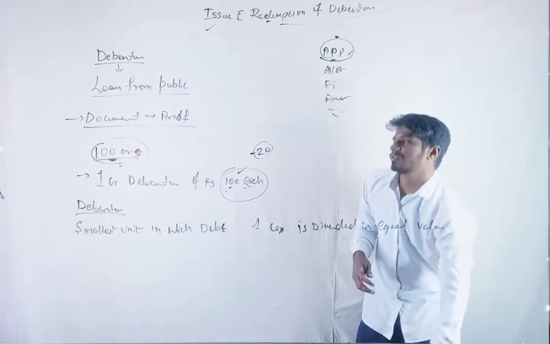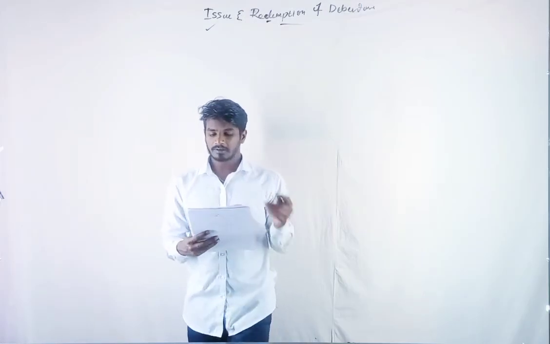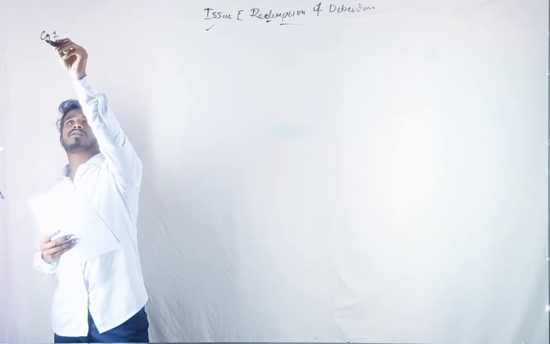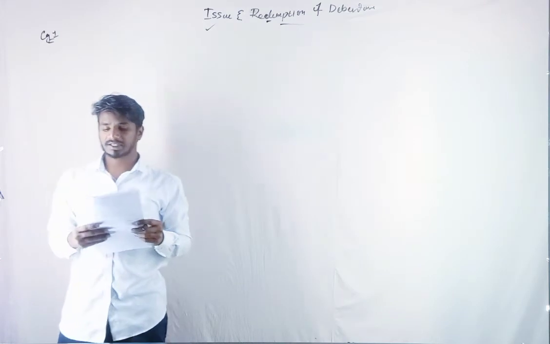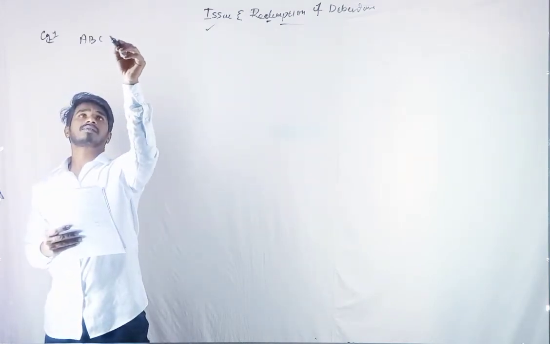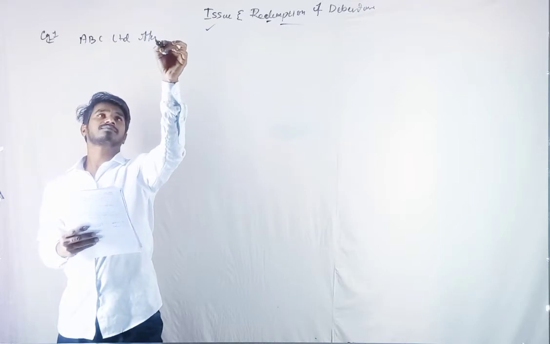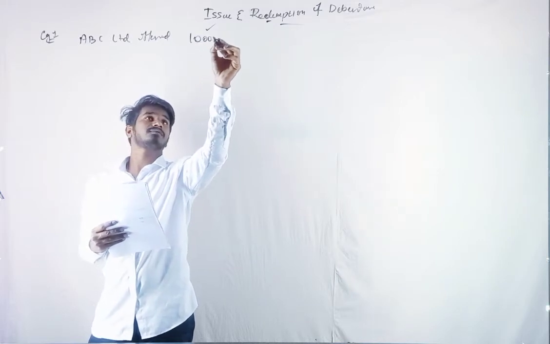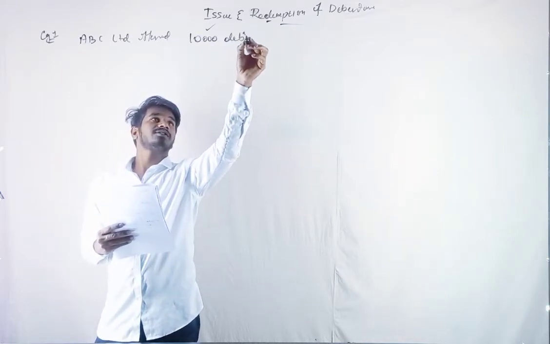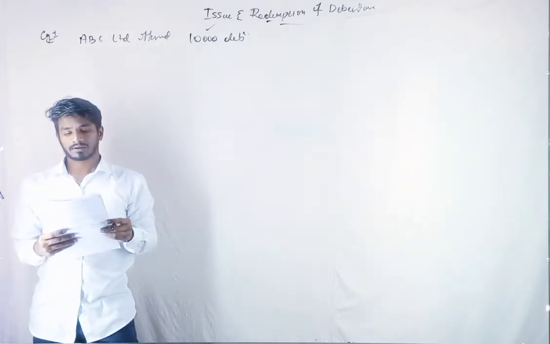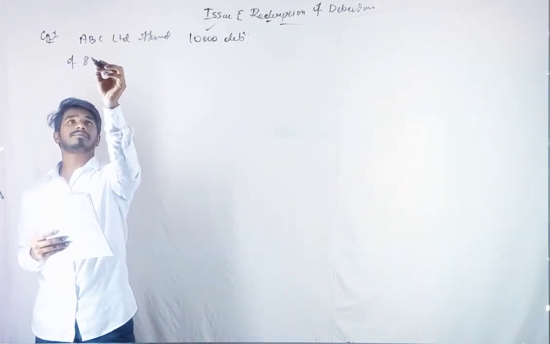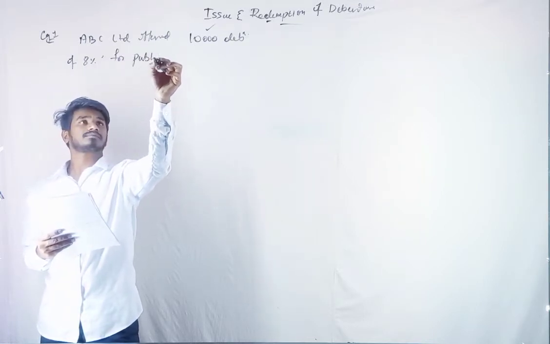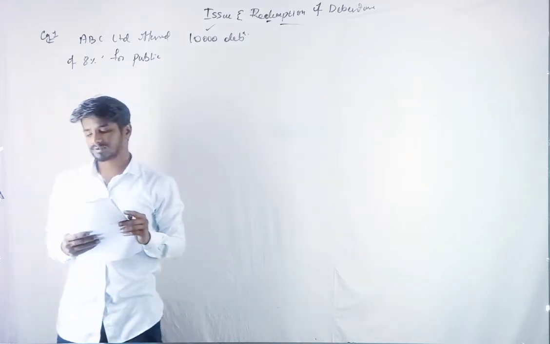Let us do the sums. Example 1. ABC Limited offered 10,000 debentures of 8% for public subscription.